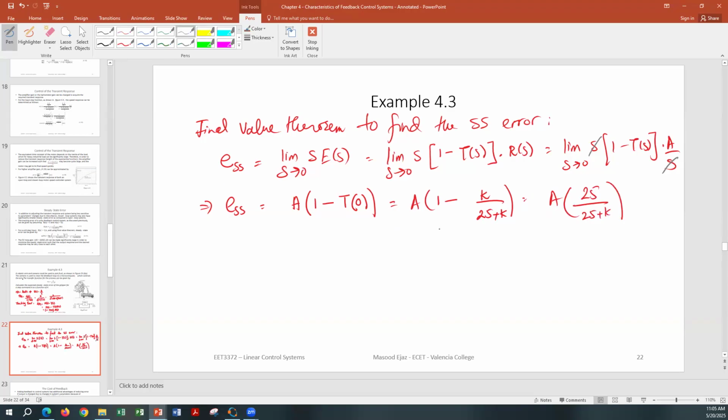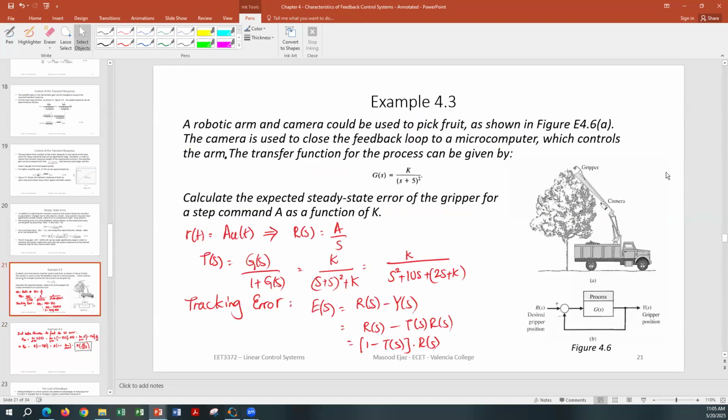And that is the steady state error for a step input in terms of k. K is what? K is the gain of the G(s) at DC. Oh no, actually the gain of G(s) is k over 25.